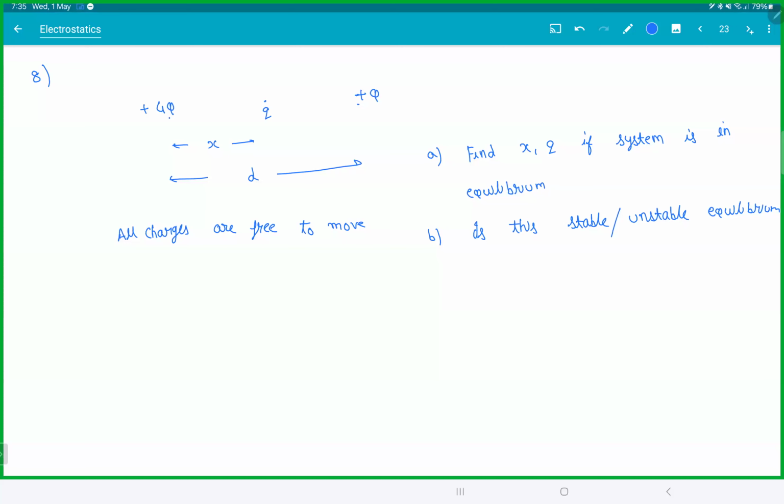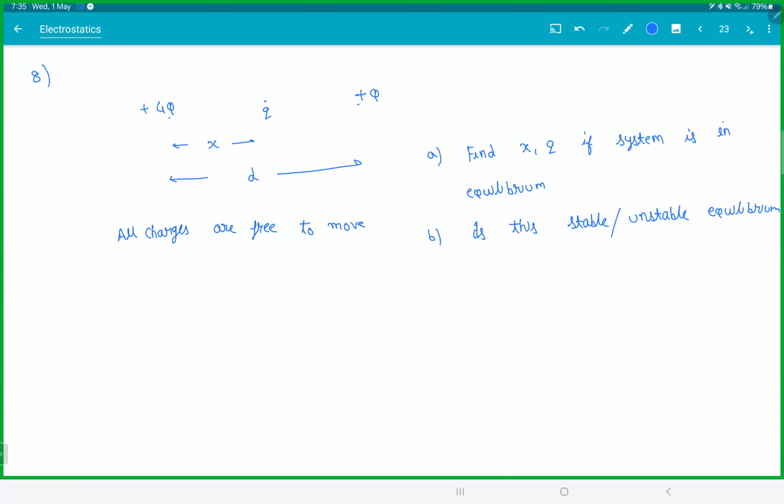Okay. We have two different answers, d by 3 and 2d by 3. 2d by 3 looks more appropriate, right? It should be far from 4q. Swastika, check your answer. Don't you think so? The small q should be far from 4q because 4q is too strong. Yeah, 2d by 3 looks right. Most of you got it. Find the value of q also.